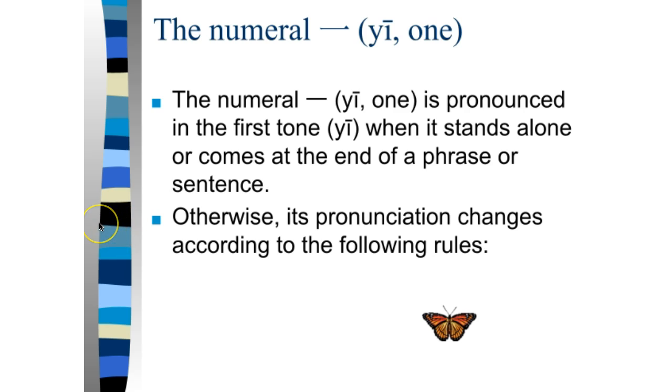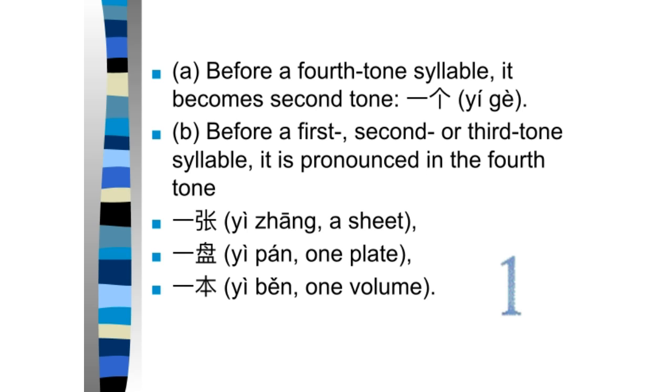So we pronounce 一 in isolation as first tone, but its pronunciation changes according to the following tone sandhi rules. Before a fourth tone it becomes second tone, 一个. Before a first, second, or third tone, it's pronounced in the fourth tone.